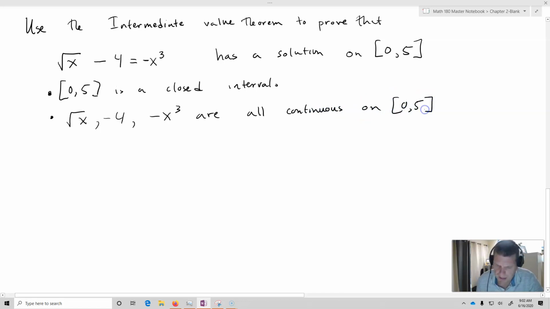The reason we know that is because the square root of x is a radical function, or a root function, and so it's defined everywhere where it's greater than or equal to 0. So x has to be greater than or equal to 0. Negative 4 is a constant, so it's defined everywhere. And negative x cubed is a polynomial, so it's also defined everywhere.